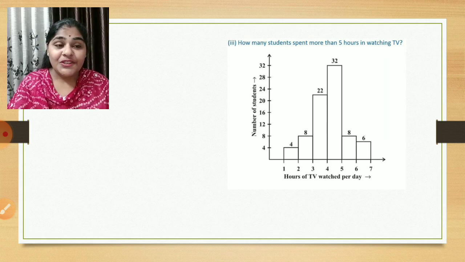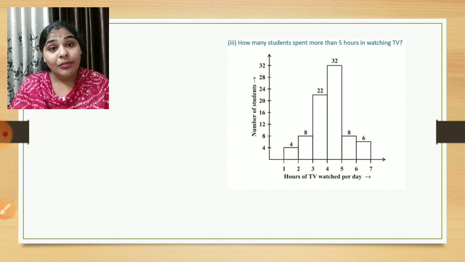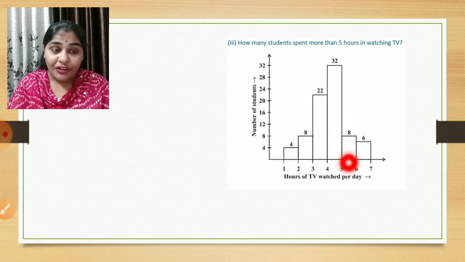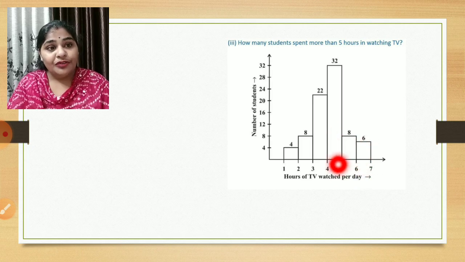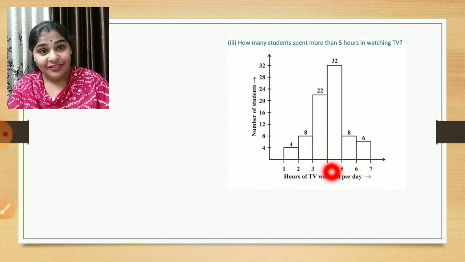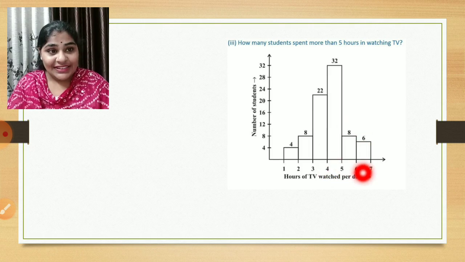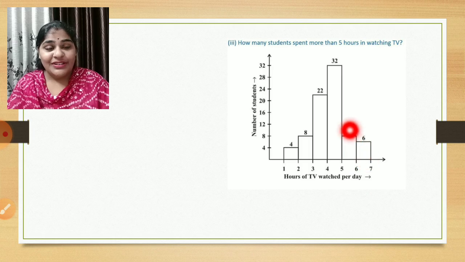How many students spend more than 5 hours in watching TV? Now more than 5 hours. So it should be in the class intervals 5 to 6 hours and 6 to 7 hours. 4 to 5 hours will come under less than 5, right? So we will proceed with 5 to 6 and 6 to 7. So how many students are there? In 5 to 6 there are 8 students. 6 to 7 there are 6 students.